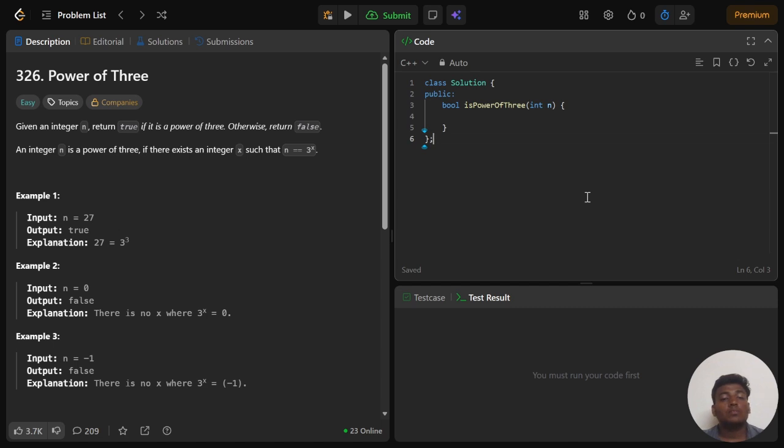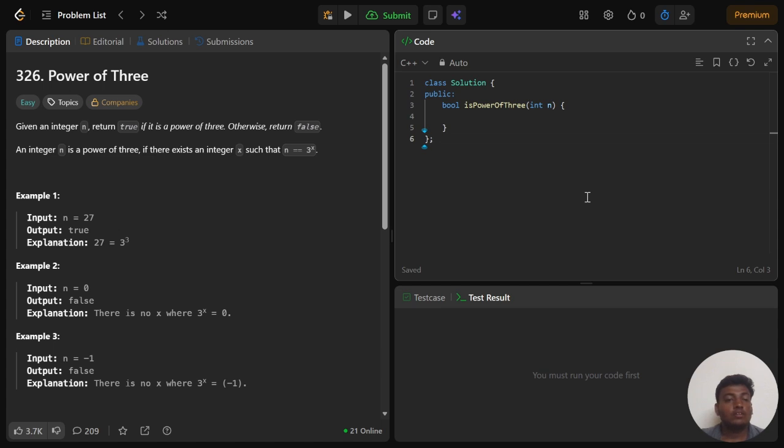The problem is telling us that given an integer, return true if it is a power of 3, otherwise return false. An integer n is a power of 3 if there exists an integer x such that n equals 3 raised to x.